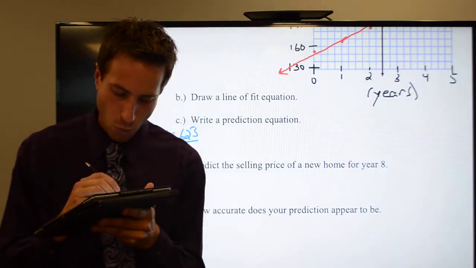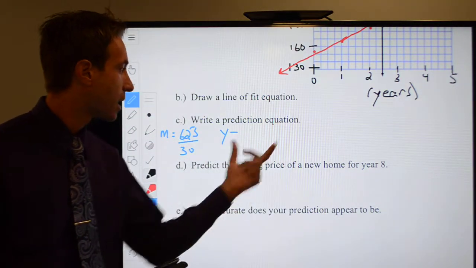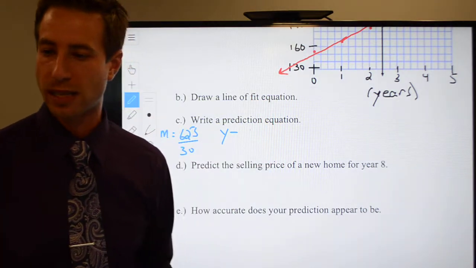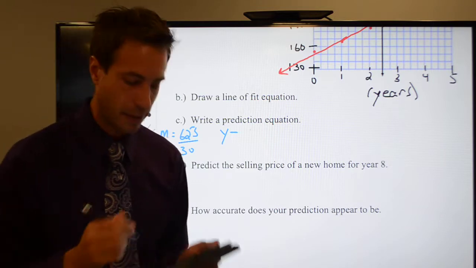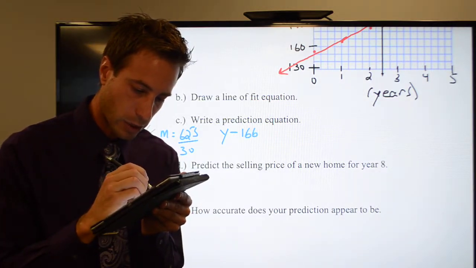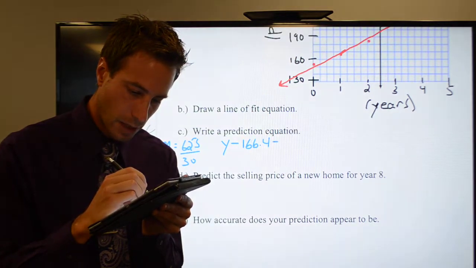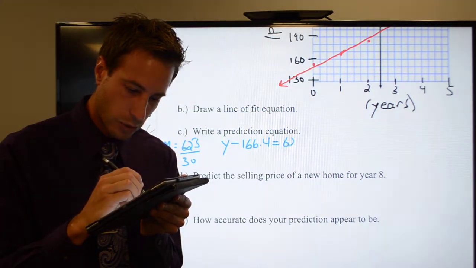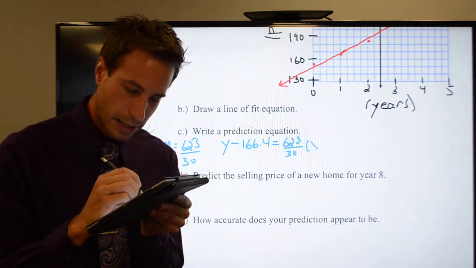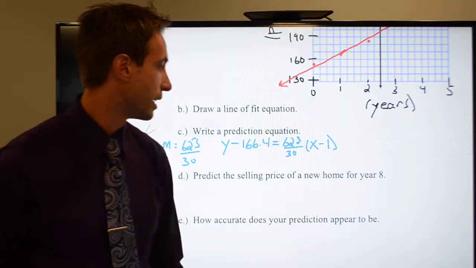So it's going to be y minus my y value for year 1, which is the price of this privately owned single family home, 166.4. That's going to be equal to my slope, which is 623 over 30, multiplied by x minus my x value, which was year 1.